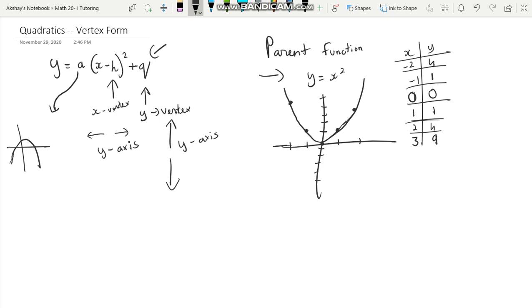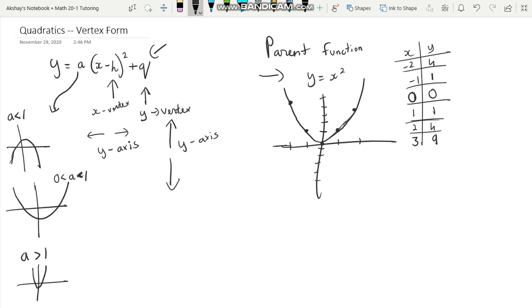When a is between 0 and 1, we would have a nice wide function. When a is greater than 1, we have a much narrower graph, sorry about that.